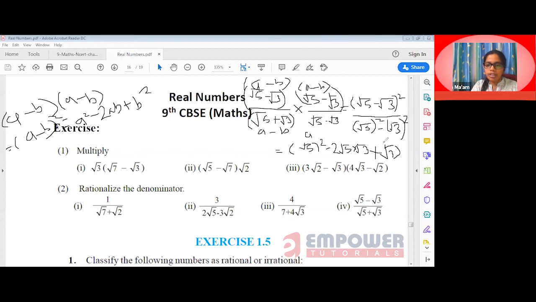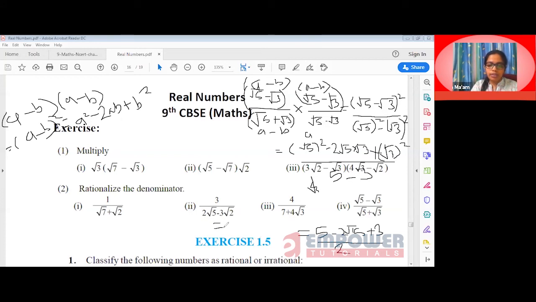And in the denominator you will get root 5 square, which will be equal to 5, so this will be 5 minus 3. So if you simplify this, this will be equal to 5 minus 2 into root 5 into root 3, which is root 15, so 2 root 15, plus 3, because the square of root 3 is 3, and 5 minus 3 will be 2.